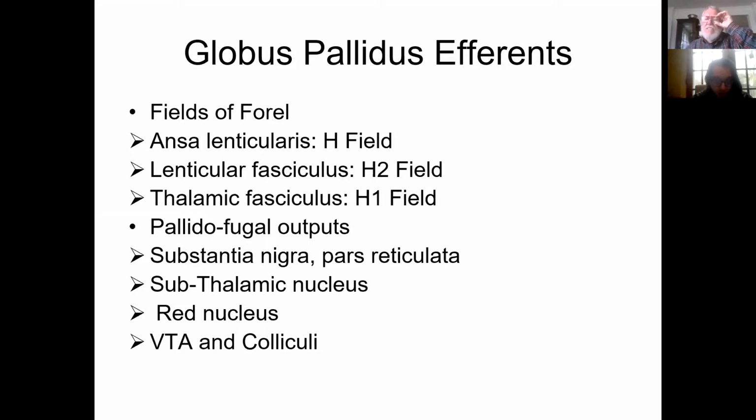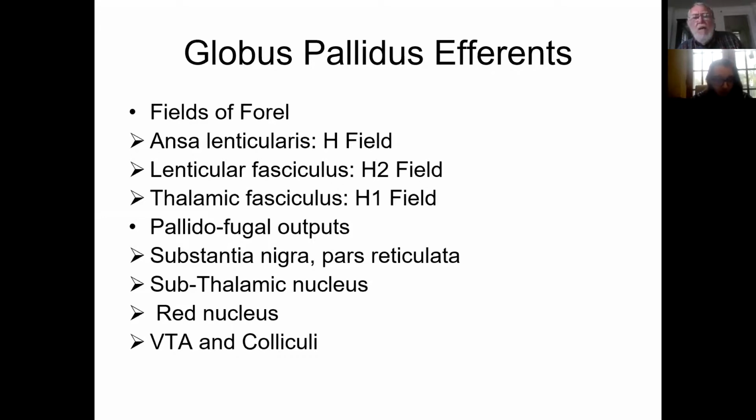I love this: we've come across Rolando, we've come across Sylvius, we've come across earlier today Ammon, people who have named and left the brain named in here. So here what we have are the fields of Forel. Forel was a French neuroanatomist who studied some globus pallidus outputs.